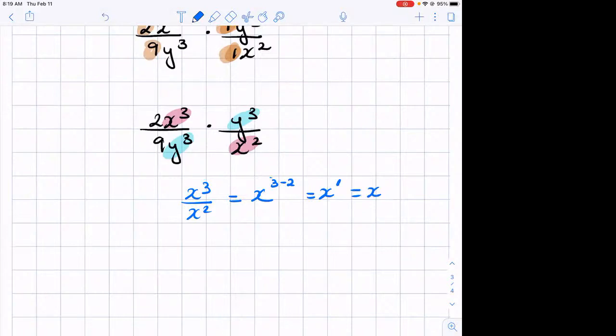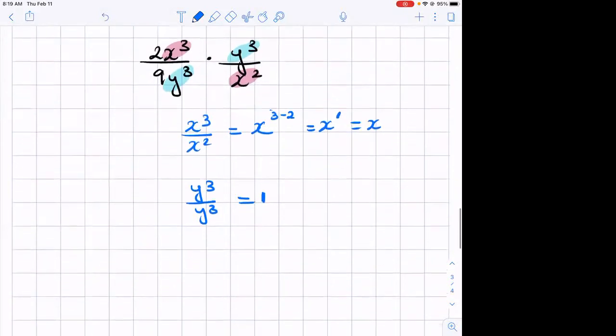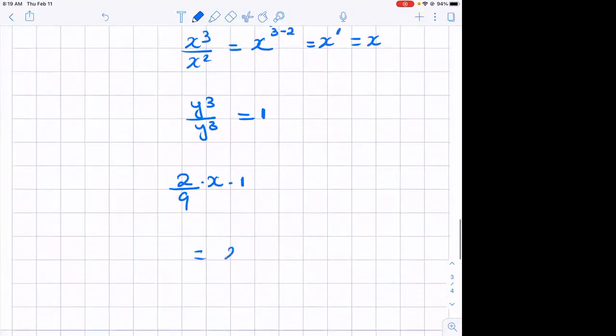And y cubed divided by y cubed is equal to 1. Anything divided by itself is 1. So when we simplify, we will have 2 over 9 x times 1, which is the same as 2x over 9, or 2 over 9 times x.